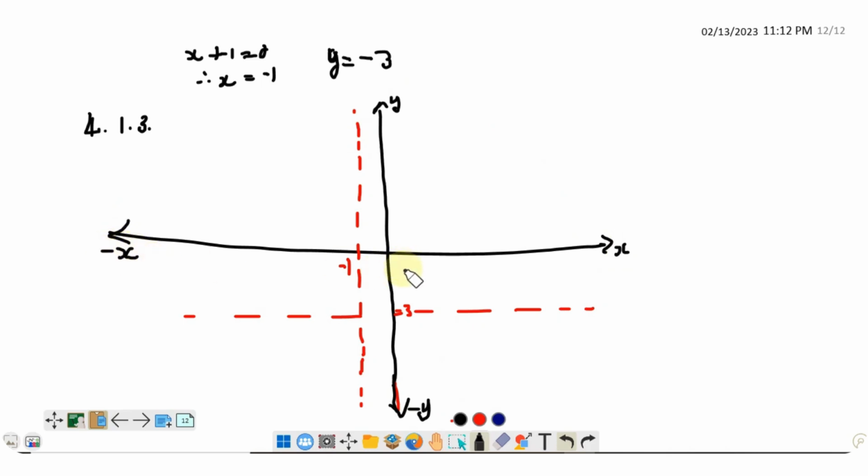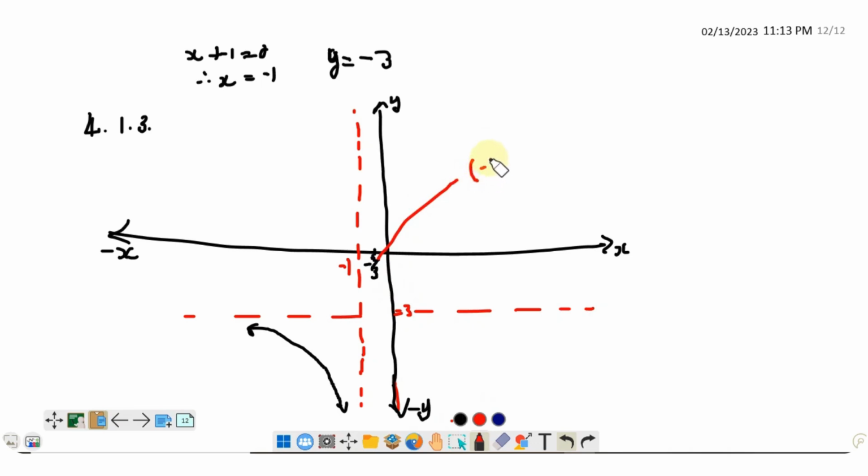From this quadrant we can see it will not intercept the axis there. This side it will intercept. So we have a point there for the x-intercept, which we identified as negative 1 over 3.